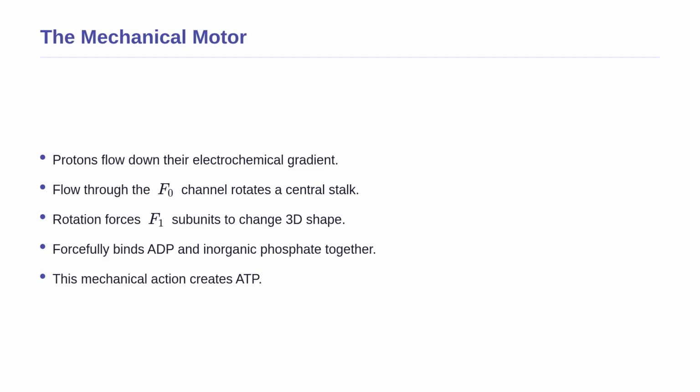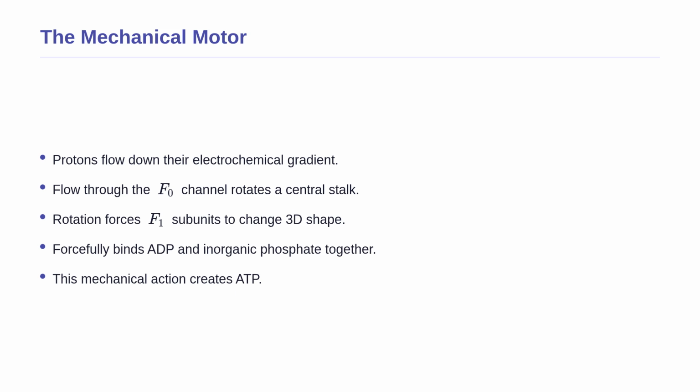With the structure in mind, let us see this machine in motion. As protons flow down their electrochemical gradient through the F0 channel, they cause a central stalk within the enzyme to physically rotate. This is a literal mechanical motor inside your cells.